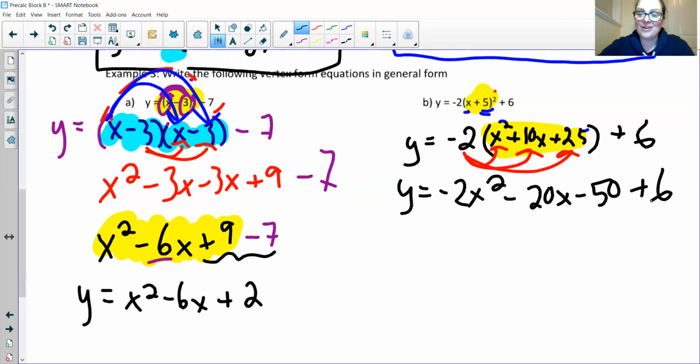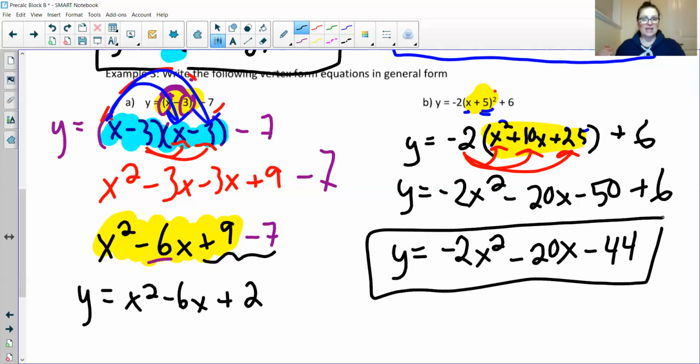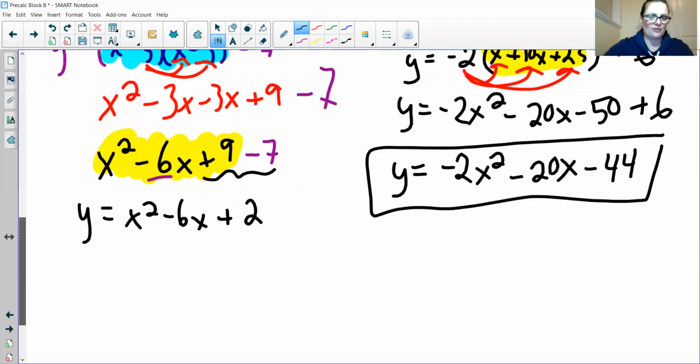All right, now all we have to do is combine our like terms. y equals negative 2x squared minus 20x, minus 50 plus 6 is negative 44. And there we go. We have just gone from vertex form to our general form.